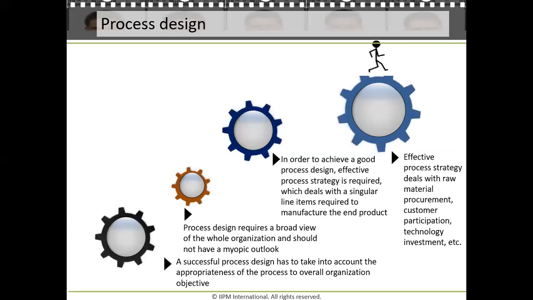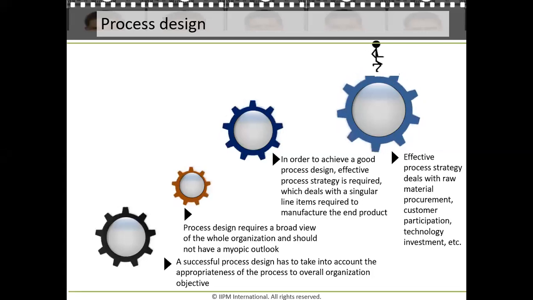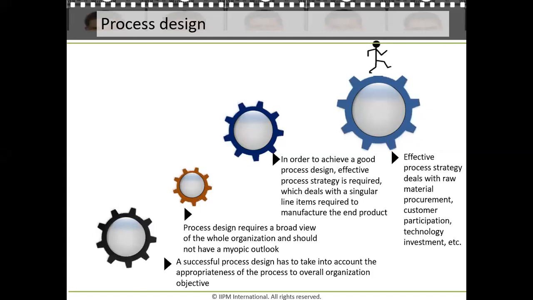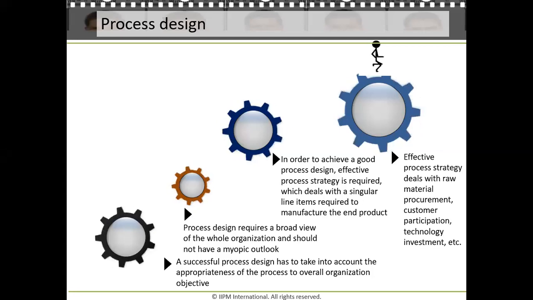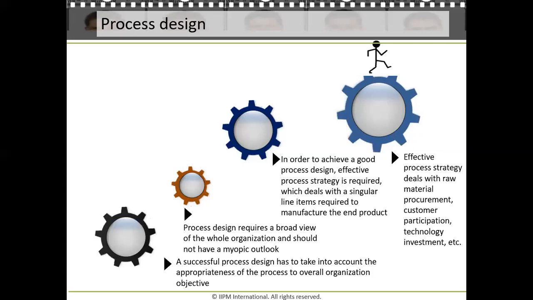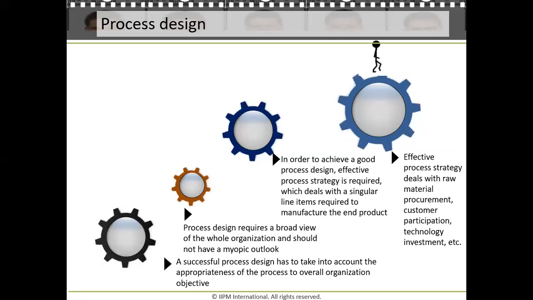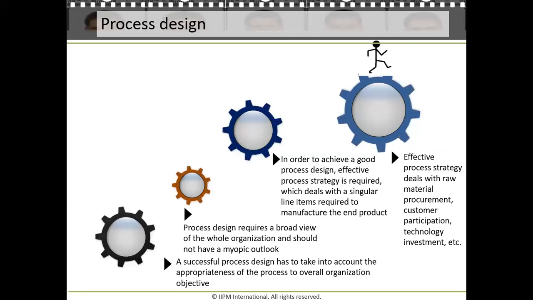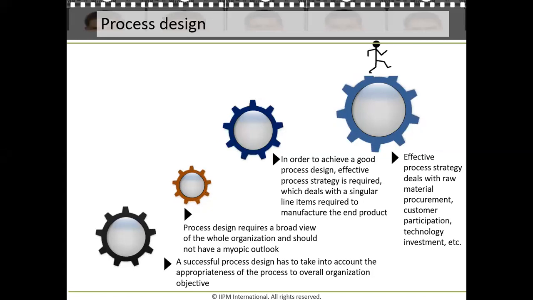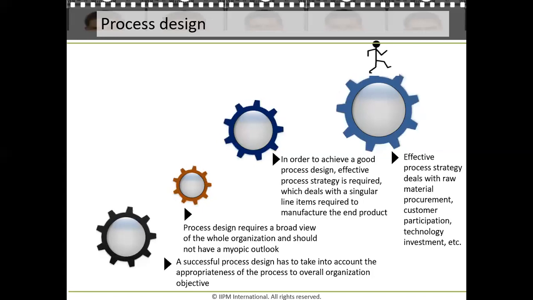And remember, organizational objective has two dimensions. You have the internal dimension and you have the external dimension. And of course, it is the external dimension that actually drives the internal dimension, right? When it comes to organizational objective, the external dimension focuses on what the customer wants. They demand features and they demand attributes.